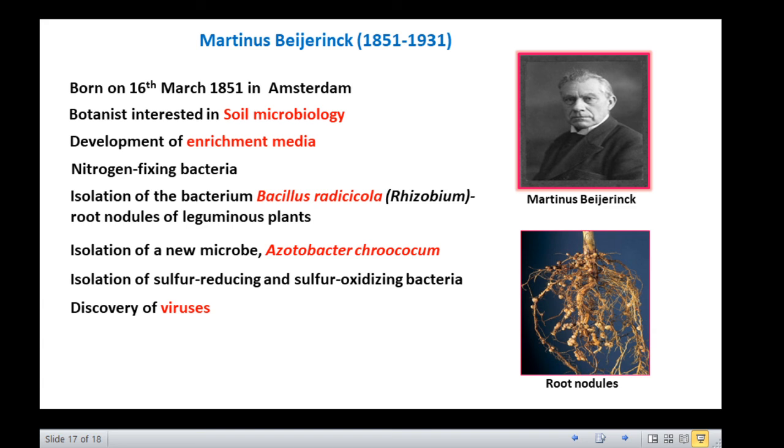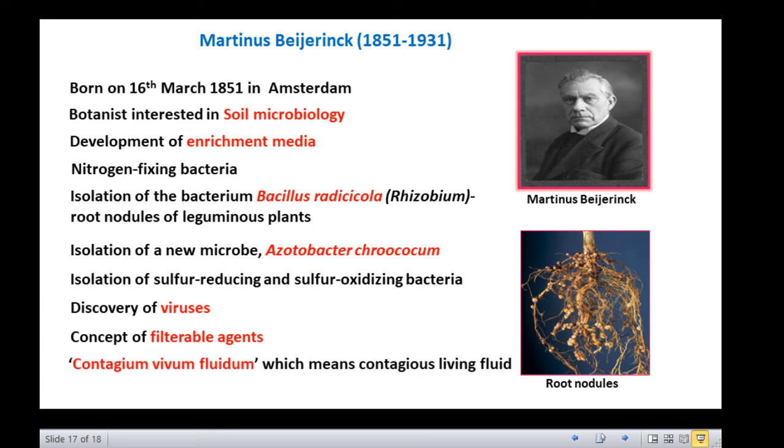He worked on tobacco mosaic disease, and through a series of experiments, he developed the concept of filterable agents. Beijerinck believed this agent to be a fluid and he called it contagium vivum fluidum, which means contagious living fluid. Later, this liquid was renamed virus, from the Latin word for poison.